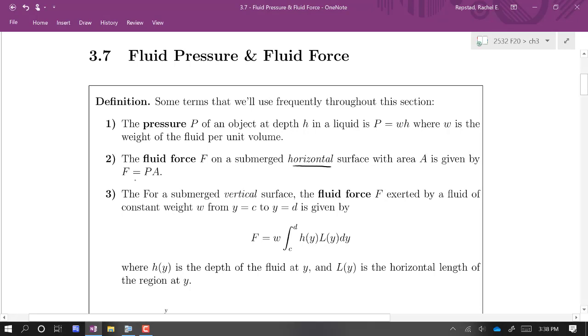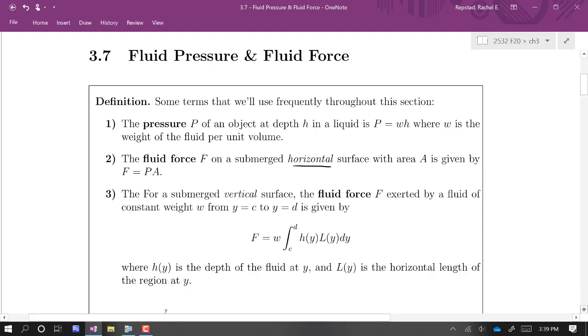You're going to take the pressure and multiply it by the area of that surface. Where things get interesting and what requires calculus is if we have a submerged vertical surface, because if the surface itself is vertical, they're at all different heights, at all different depths, submerged in the fluid.